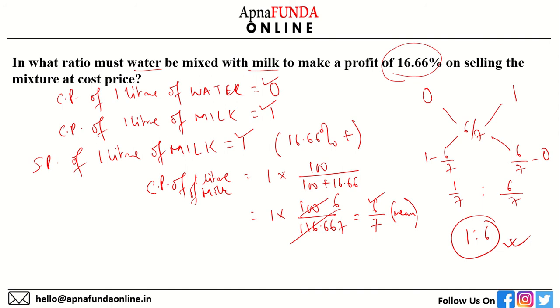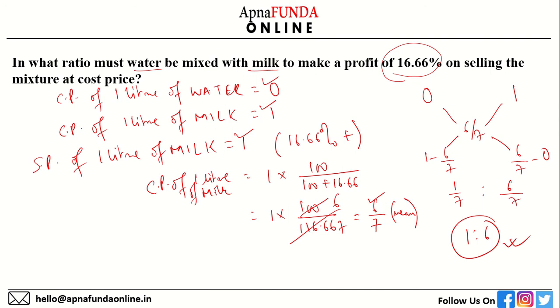Please be absolutely clear as to how we arrive at certain ratios given the fact that a few varieties are mixed to form a final mixture. This is something which is actually happening in the real world, so it's an important thing to know. Also, in this particular question we discussed cost price, selling price, profit percent.